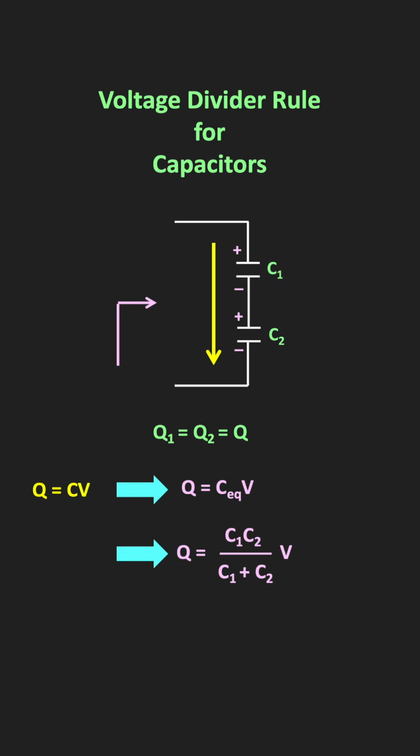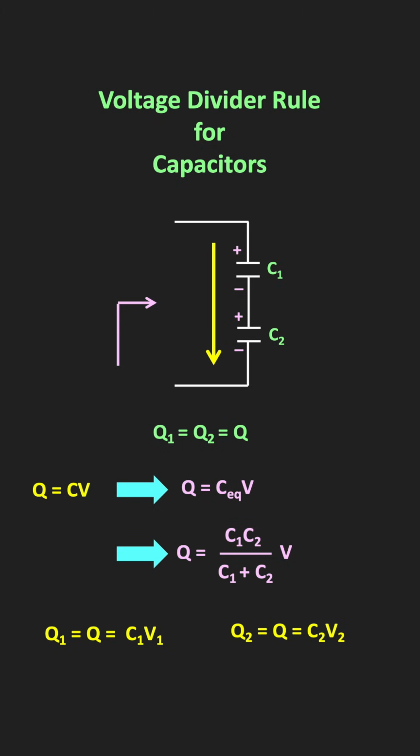And as we know, the charge across the capacitors C1 and C2 will also be the same. Here, the charge across the capacitor C1, Q1, is equal to C1 times V1. Similarly, the charge across the capacitor C2 can be given as C2 times V2.